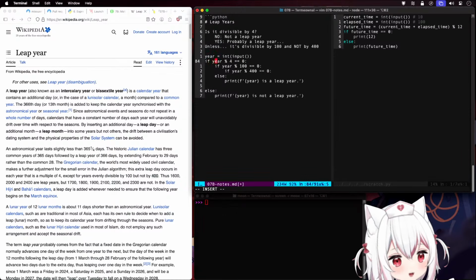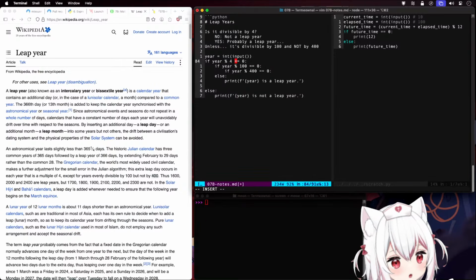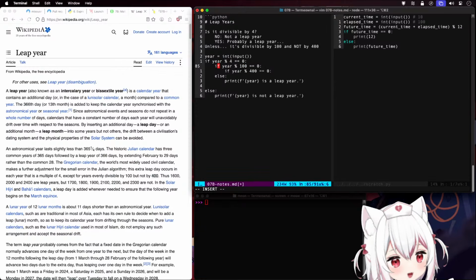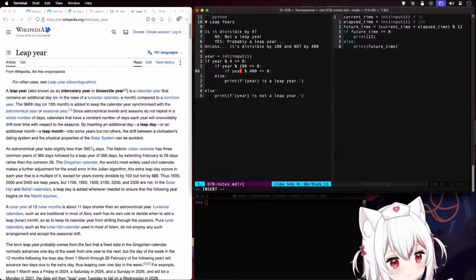It's if the year is divisible by 4. We're gonna check some other things. If it's not divisible by 4, it's not a leap year. If it is divisible by 4, we check, is it divisible by 100? If it is divisible by 4 and 100, we check if it's also divisible by 400.